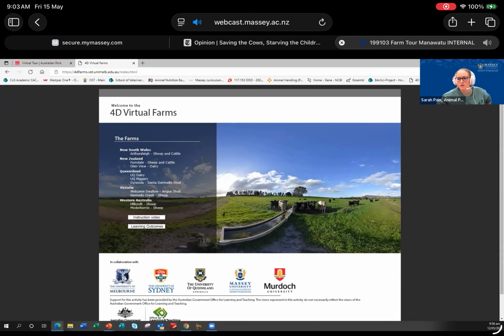The quiz that you guys are going to do in relation to this particular lab is only about the 3 farms that I mentioned there, the Ferndale, Glenview, and the University of Queensland piggery.